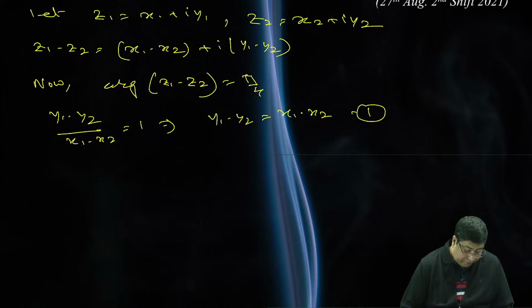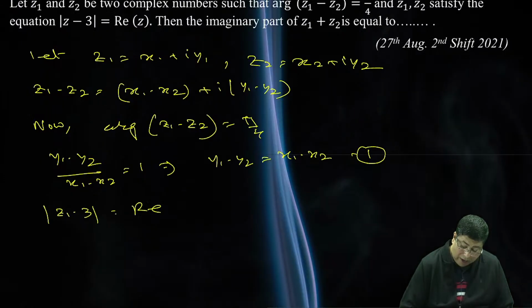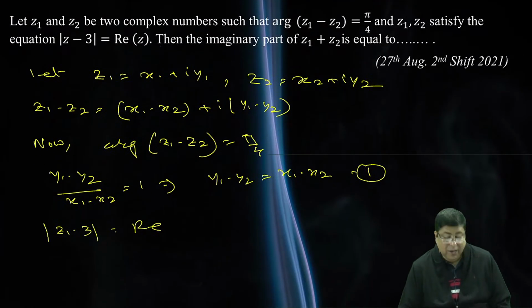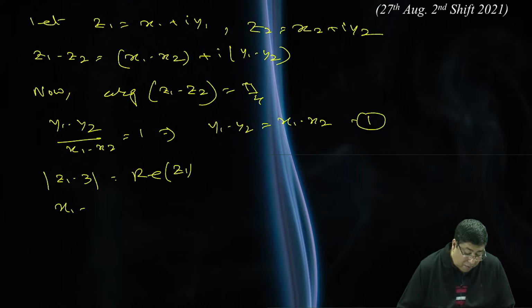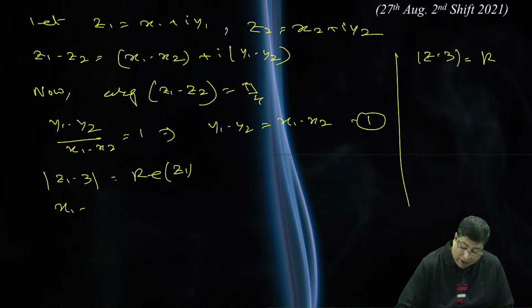Given that they are satisfying mod of z minus 3 equal to real z. There are two z, z1 and z2. So we can write mod of z1 minus 3 equal to real z1. We got already mod of z minus 3 equal to real z.